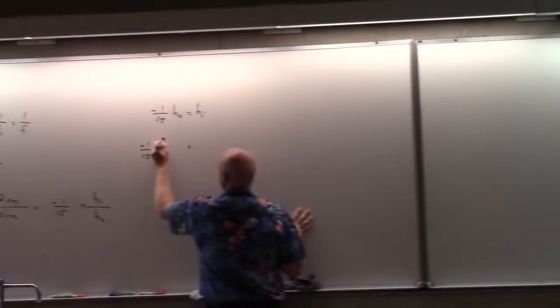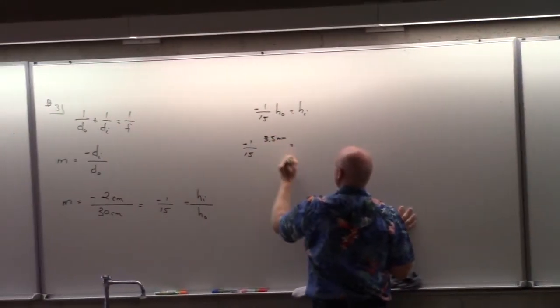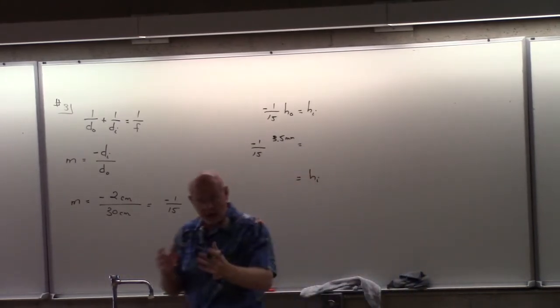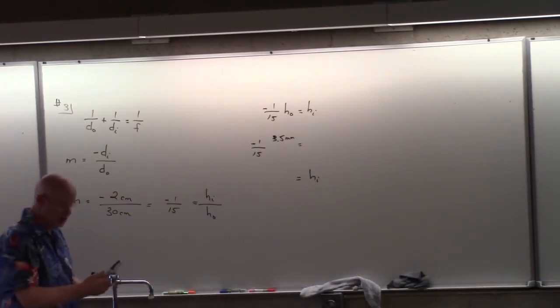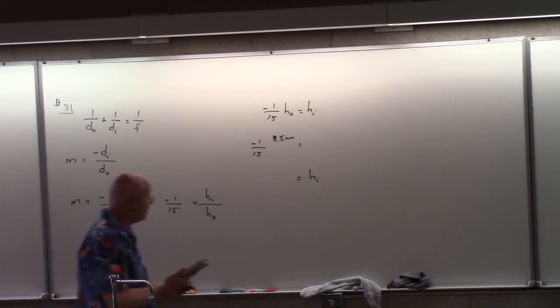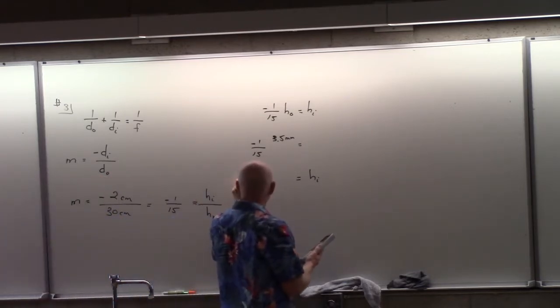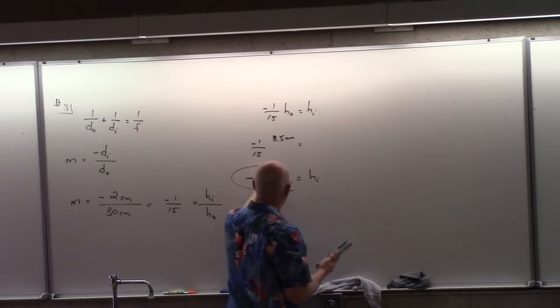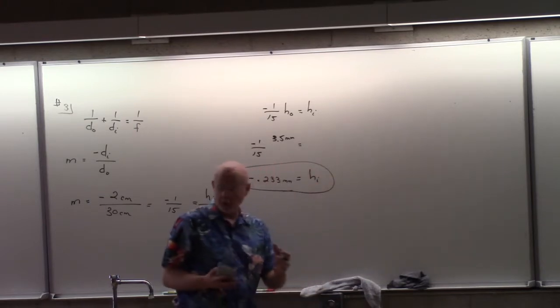So the object height is 3.5 millimeters. And so grabbing my calculator, I can now say what is the height of the image on my retina. And so negative 3.5 divided by 15. And so I'll leave the negative in there to keep reminding me that the image would be upside down.